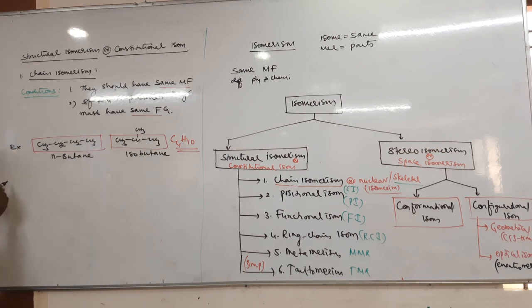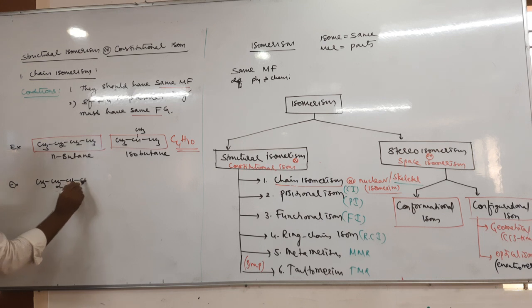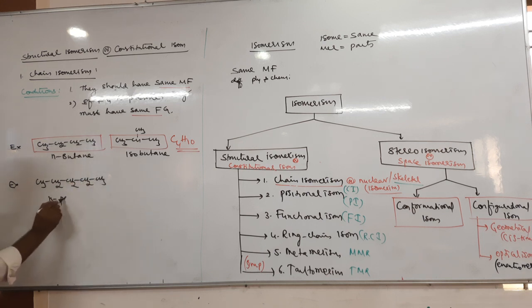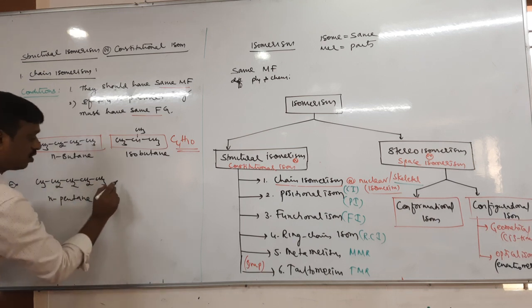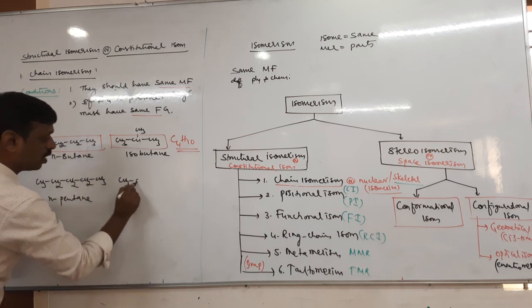Next, one more example: CH3, CH2, CH2, CH2, CH3, called N-pentane. N-pentane contains how many total carbon atoms? 1, 2, 3, 4, 5. Now write 4 carbon atoms in the parent chain.